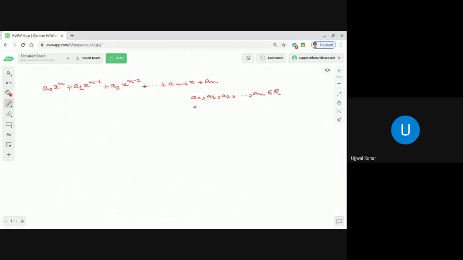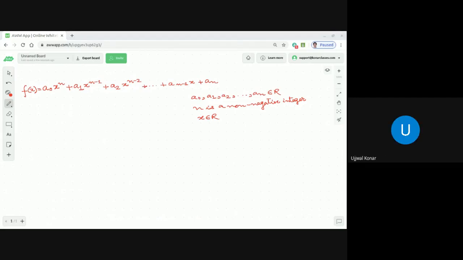As we discussed, n is a non-negative integer. Correct? And what is x? You know, x is also a real number. So this is known as a polynomial expression, and we can define this as f(x). Correct? Clear or not clear?